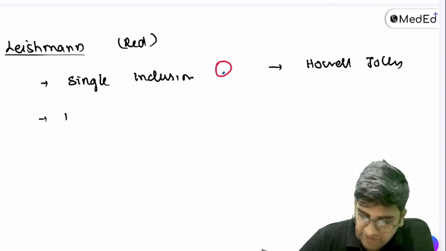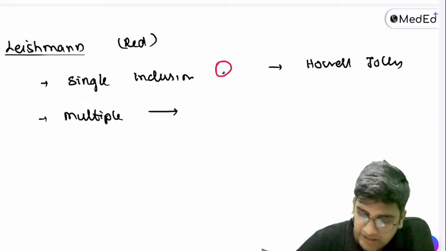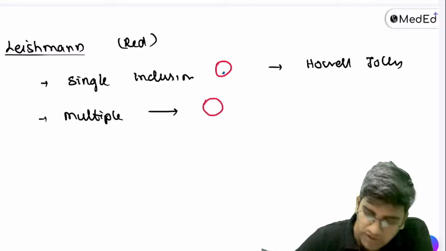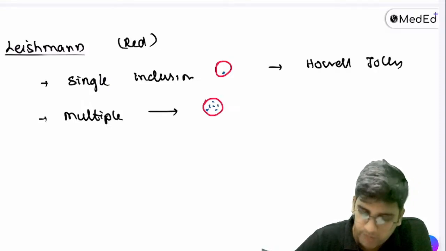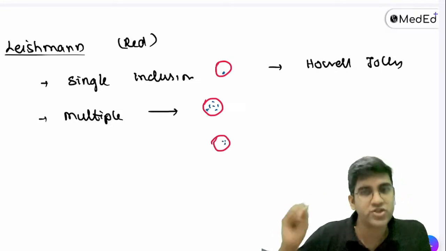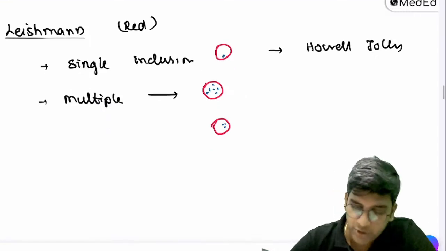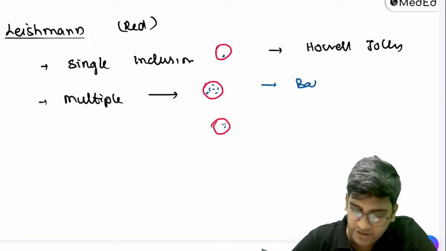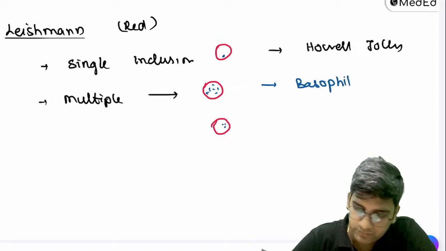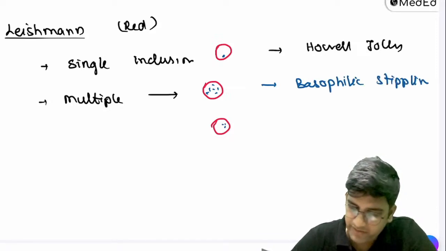If I have multiple inclusions, I have two possibilities: the multiple inclusions are uniform throughout, or non-uniform, towards a corner. If it's uniform, I call it basophilic stippling. It's stippled RBCs or basophilic stippling.